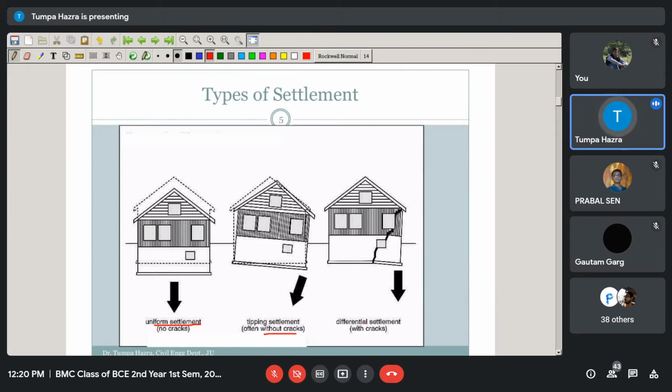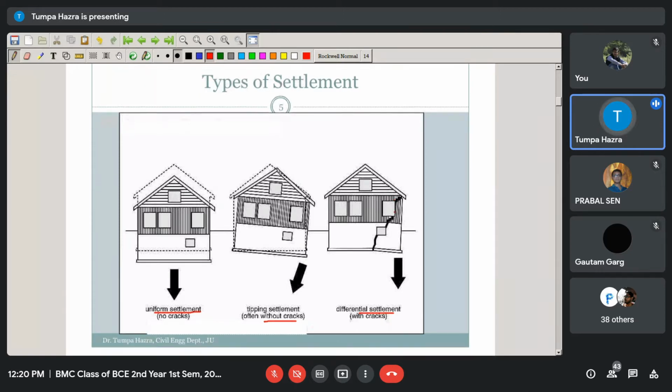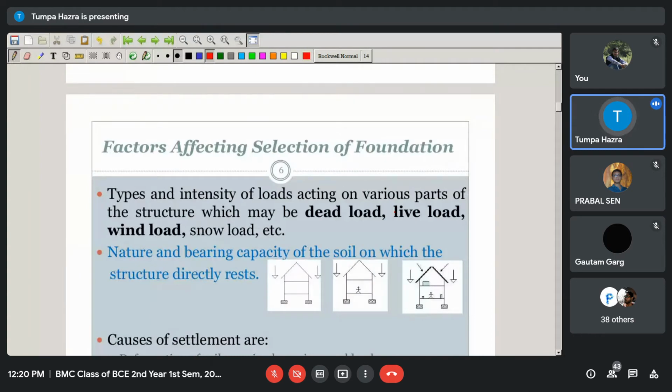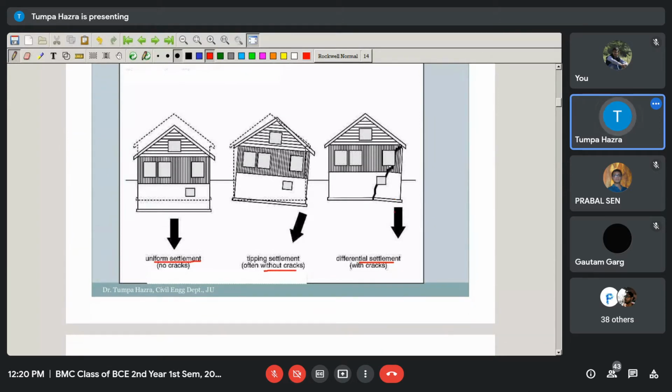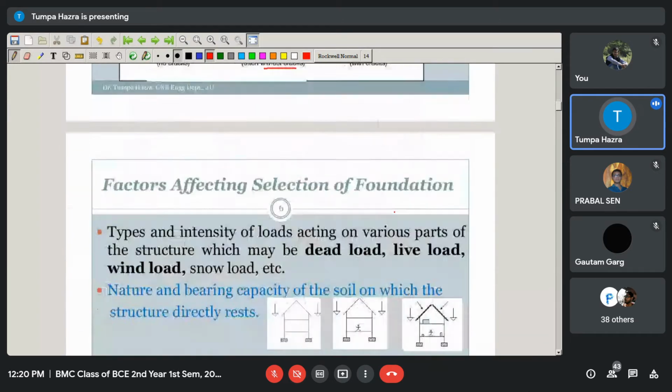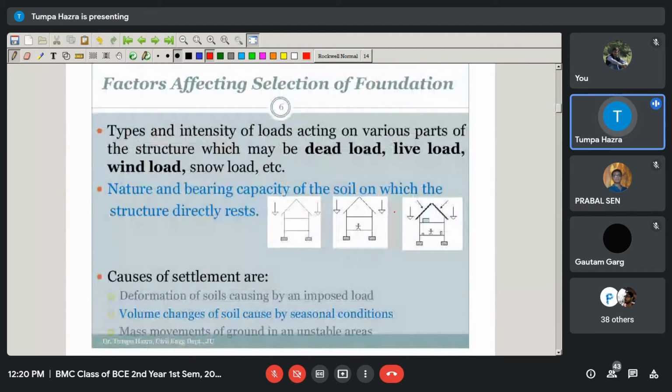Now, if the settlement is unequal and also exceeds the permissible maximum settlement of the soil, then you will find cracks on the wall, distortion of the openings of the doors and windows, cracks in the lintel, as well as complete collapsing of the building. And the foundation, as you know, is basically below the ground level.